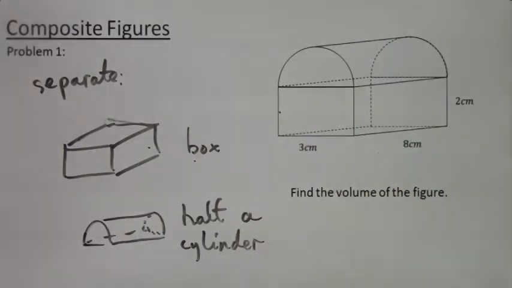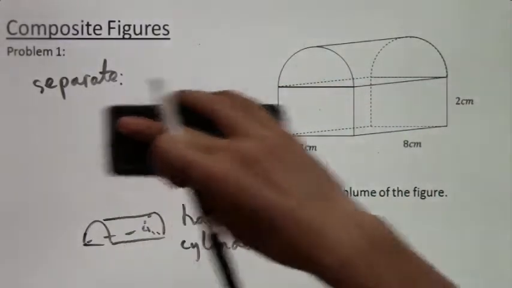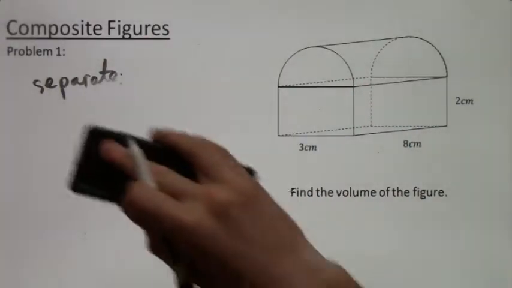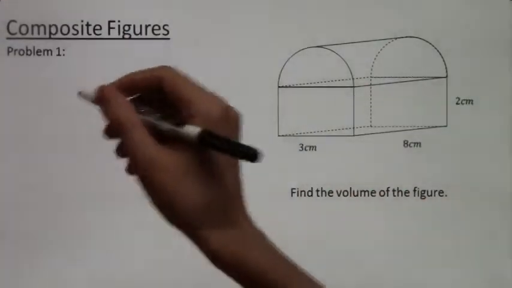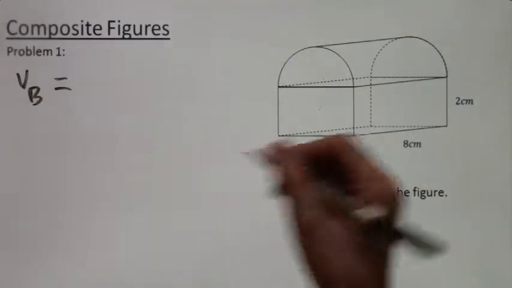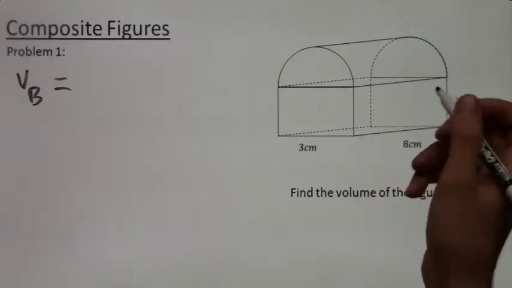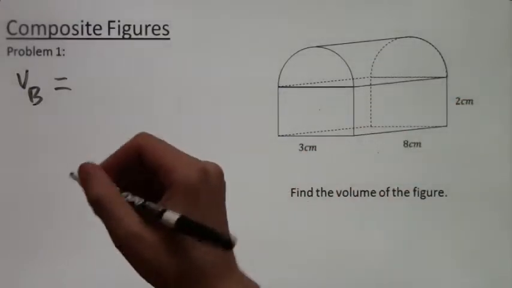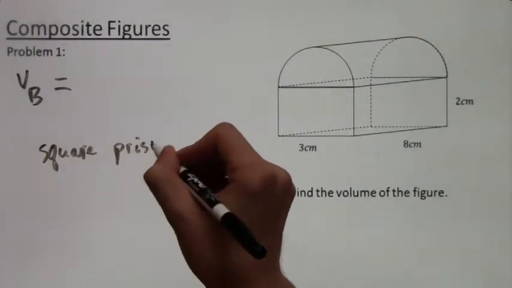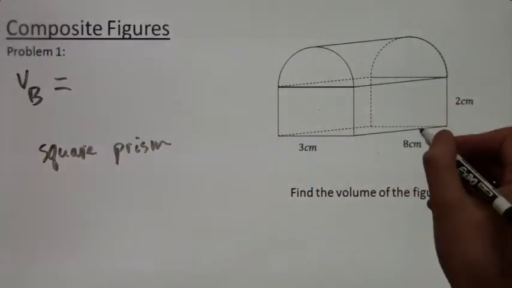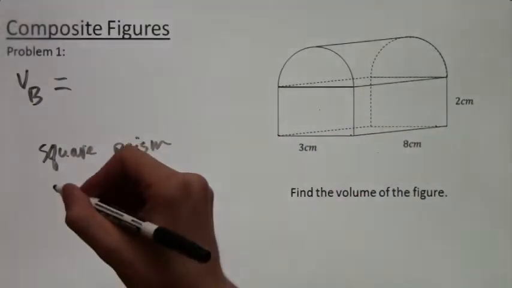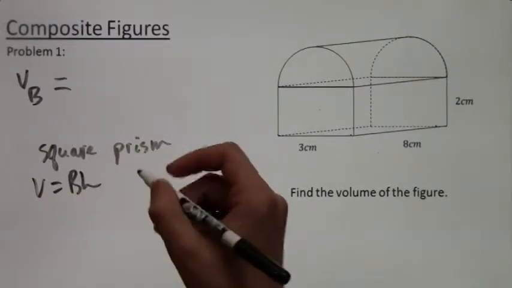So let's start with the box. The volume of the box, B, is equal to the base times the height. And this is a rectangular prism. In any case, calculating the area of the base is very easy.